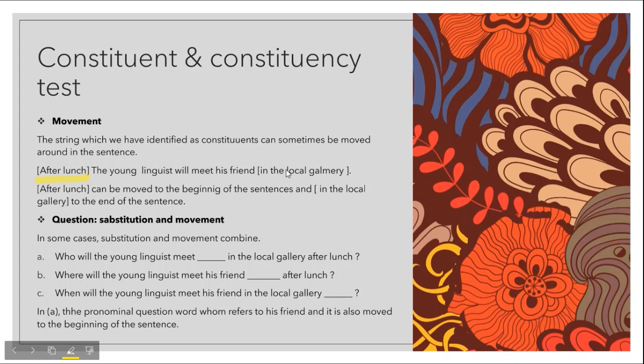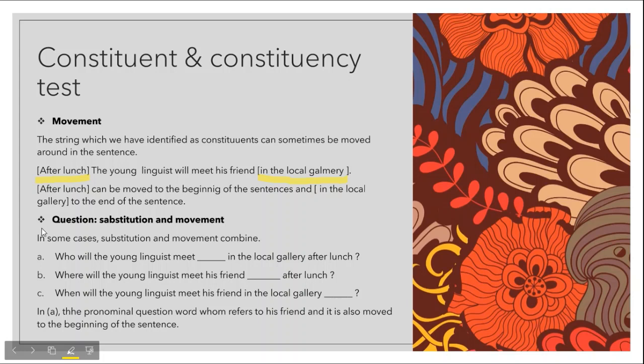Okay, وهذه قحزناها للتالي. After lunch can be moved to the beginning of the sentence and in the local gallery to the end of the sentence كما هكا. Okay, so هذا هو التست ديال الموفمنت.